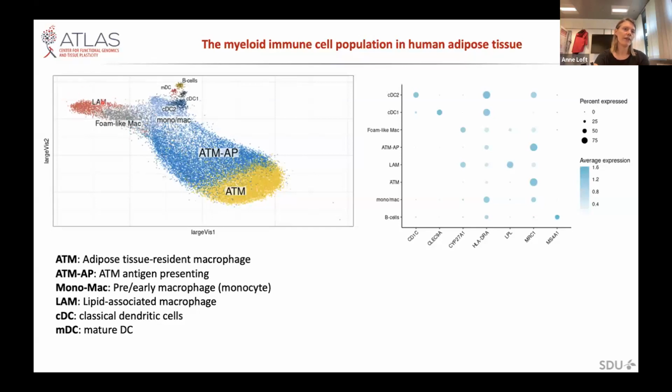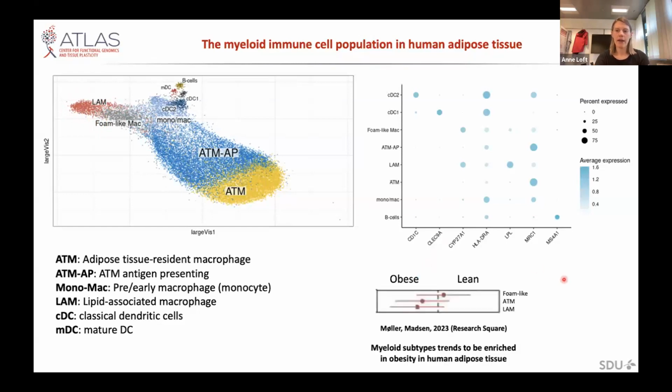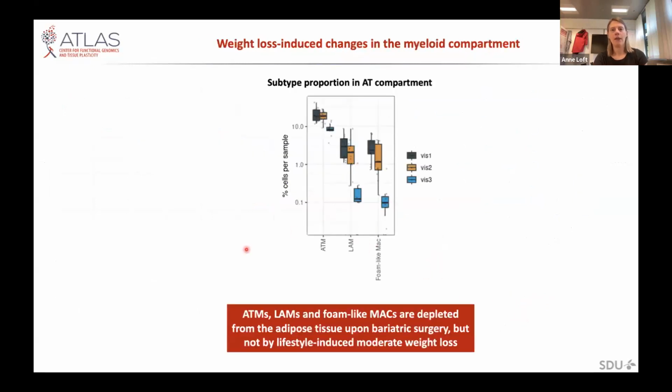We also identified large clusters of the lipid-associated macrophages and some foam-like macrophages, which resemble the macrophages that have been described in atherosclerosis. And keeping in mind that at least these ATMs and LAMs have been described to be induced in human obesity, we asked how this looked in the opposite situation, sorry.